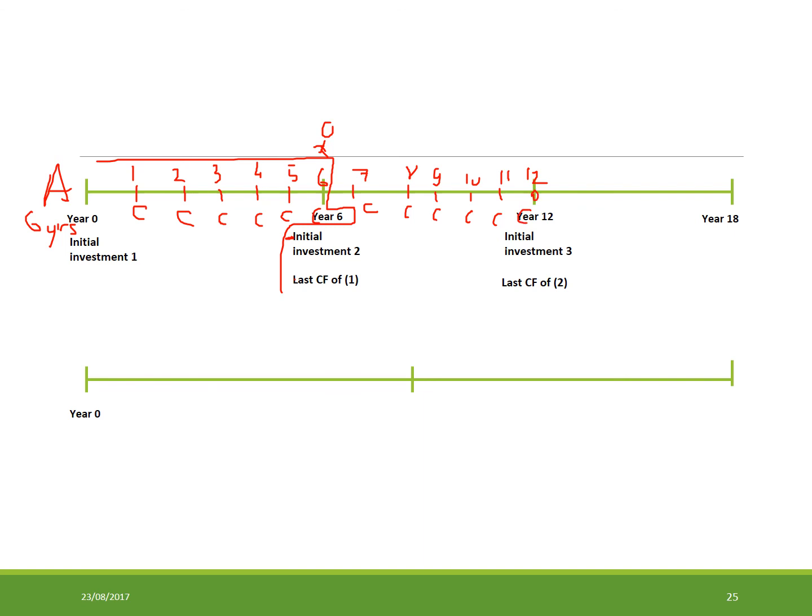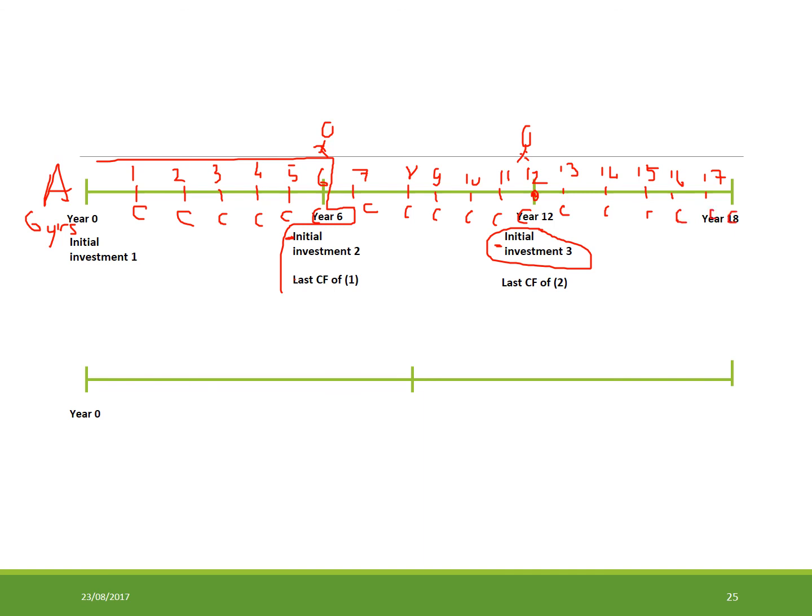Then once we reach year 12 again, we will repeat our investment, right? So we once again invest in the same project. We spend money. This is the cash outflow for us. And then every year onwards, from year 13 to year 18, we receive C. Yeah.